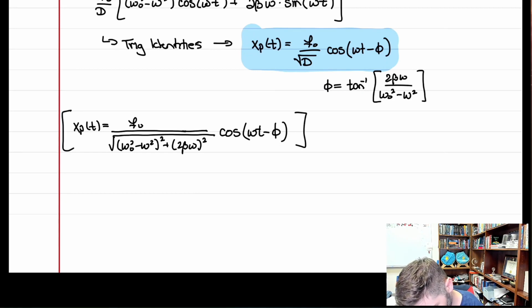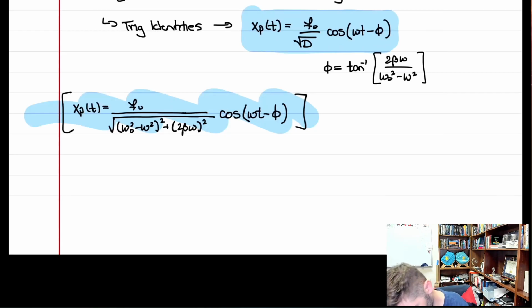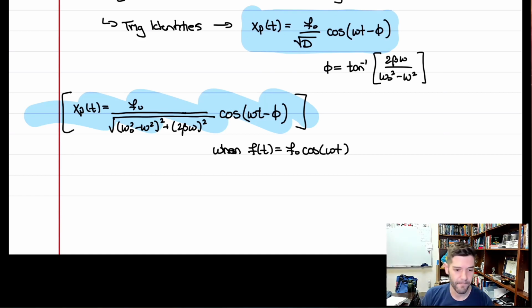Maybe that's actually what I should be highlighting. The particular solution: why were we doing this again? When the right-hand side was F naught cosine of omega times t. Give me a driving force that itself is oscillating as it pushes on the oscillator.